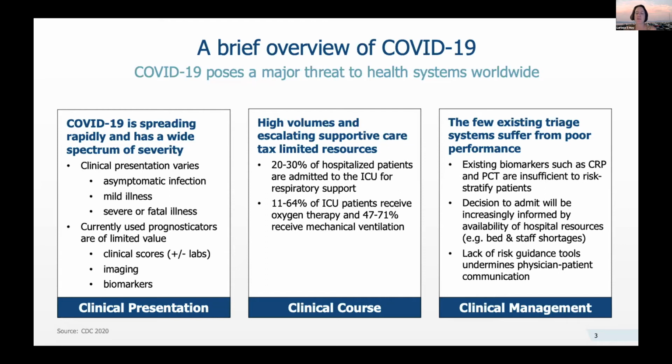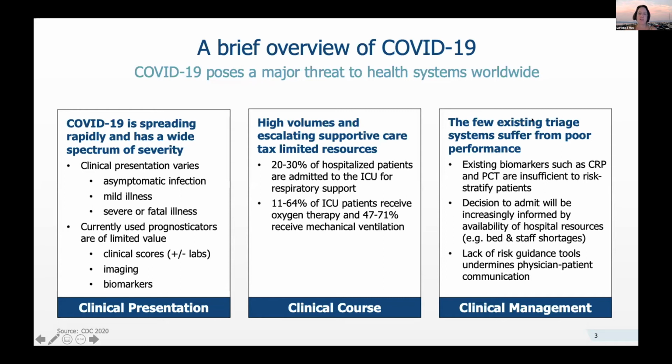For example, if there's significant bed and staff shortages in hotspots, we're often trying to send patients home on oxygen and find other ways to figure out who is going to get sick. And the lack of these risk guidance tools really also undermines our ability to communicate with our patients, to communicate with families. And so clinical management, while we know much more about this disease than we did before, really still remains a bit of a struggle.